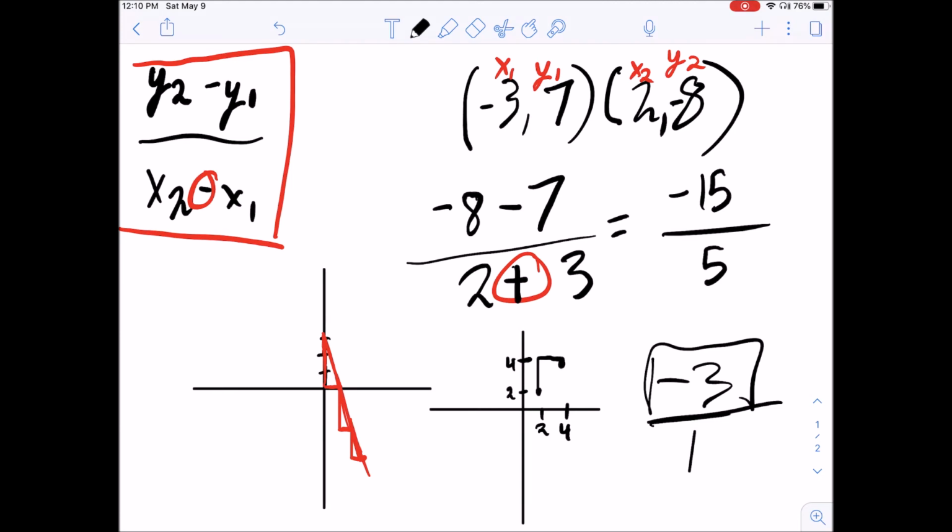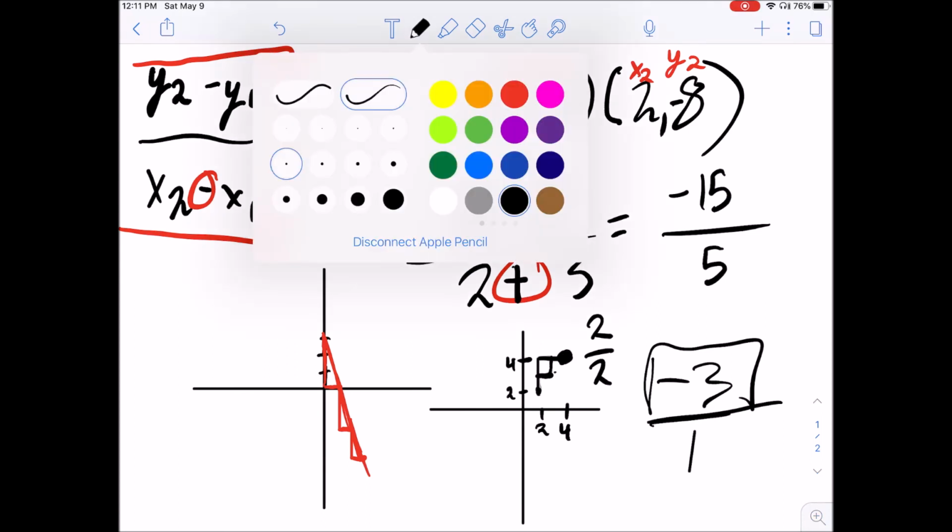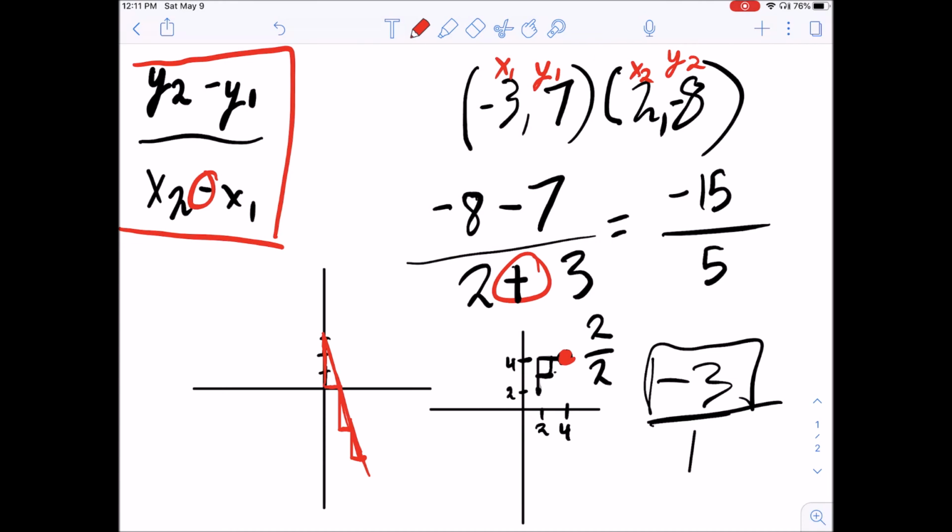So our slope will be 2 over 2, which is 1. Hold on, that wasn't correct. If we look at the slope here, we go up 1, we go to the side 1, we go up 1, we go to the side 1, and we will get to this point right there. So this is basically slope.